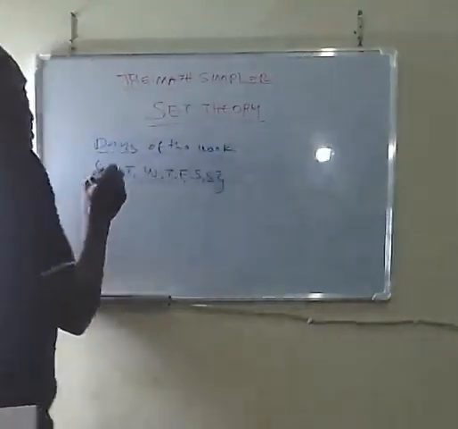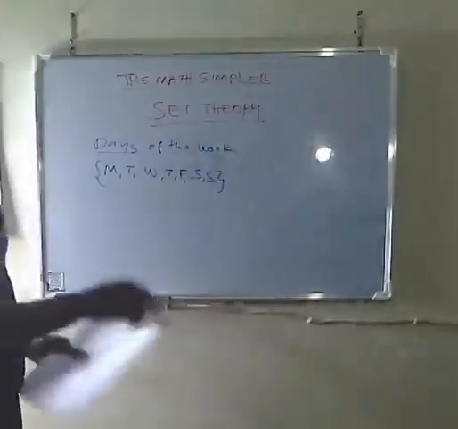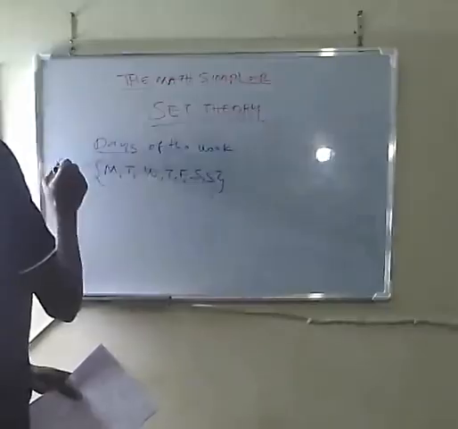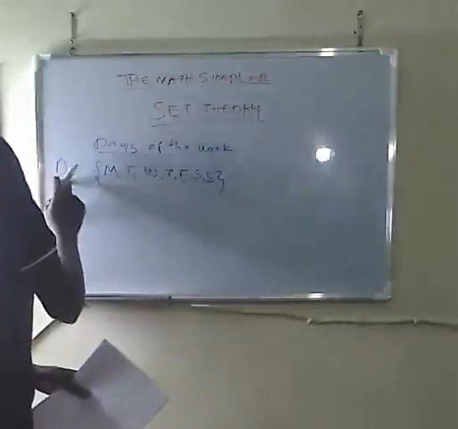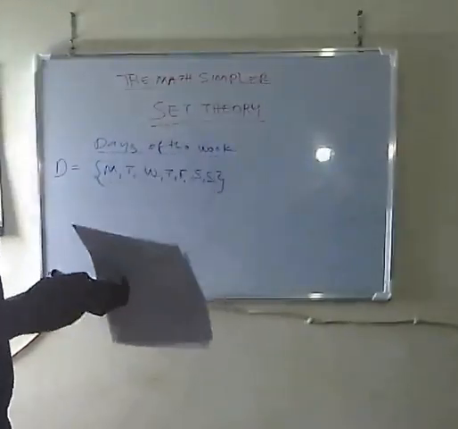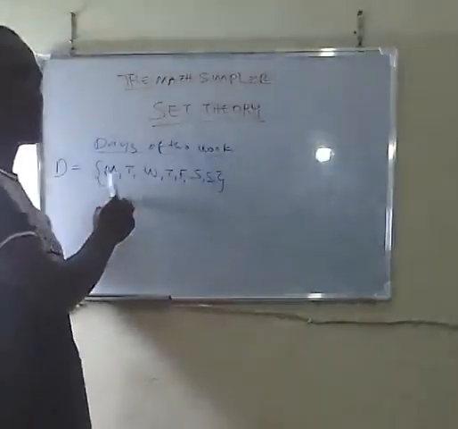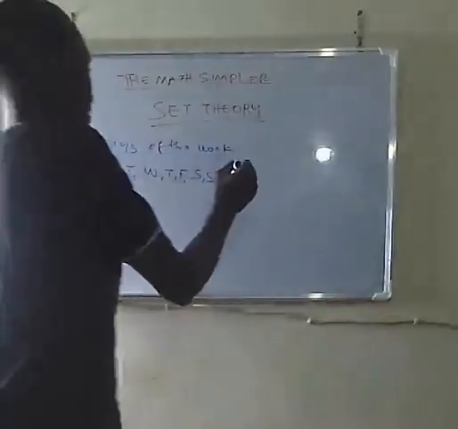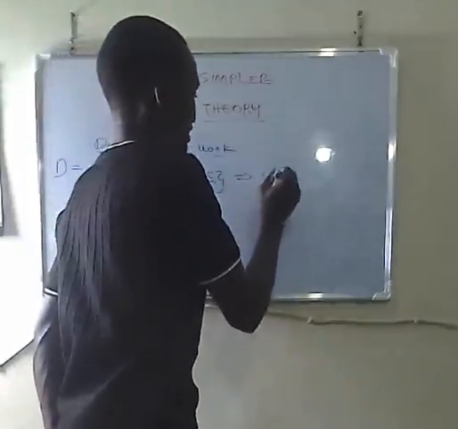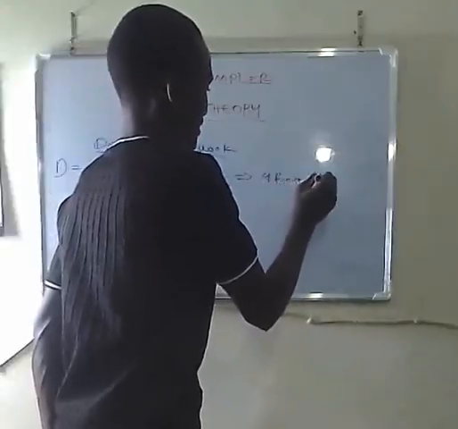Properties of this set: number one, because we have 7 days in a week, this set is a finite set. The other thing is the set has been represented by listing.